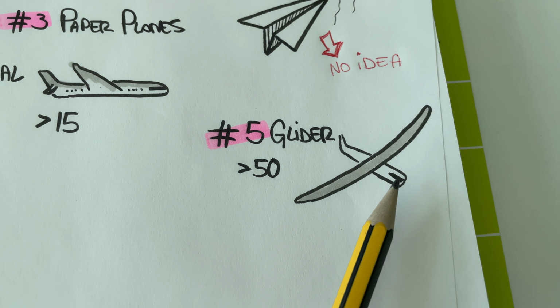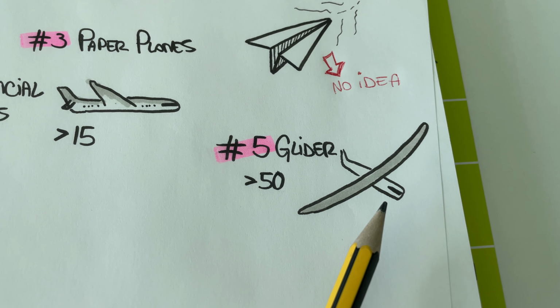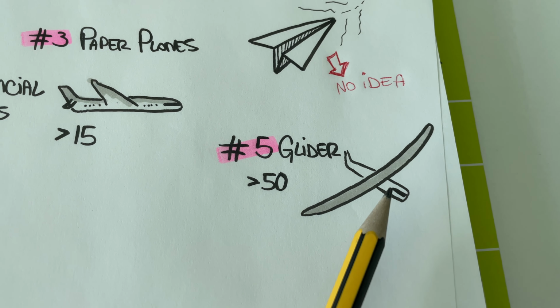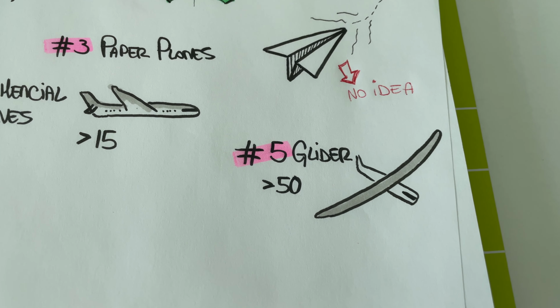That means that this kind of flying objects have really small energy losses because the shape of the wing and the fuselage is really optimized.